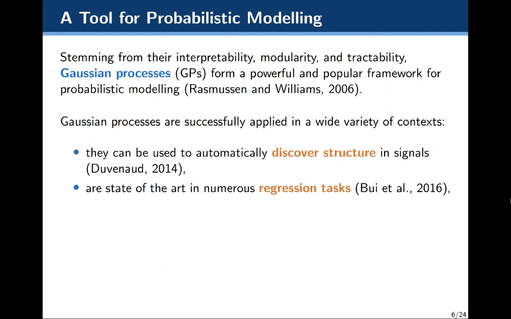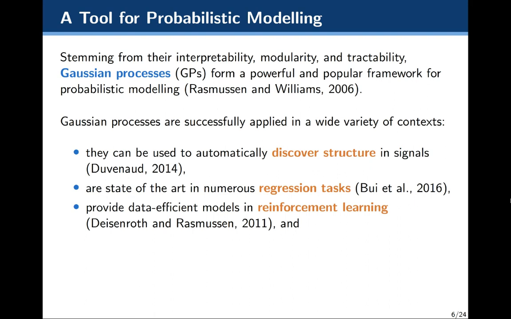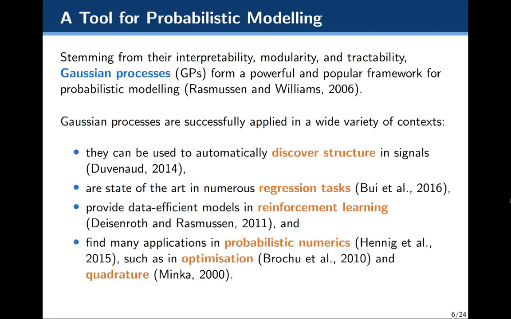They've been used as state-of-the-art regression models. They provide data-efficient models in reinforcement learning, which is a pretty popular field in machine learning right now. And they've been applied to probabilistic numerics, examples such as optimization, and in particular Bayesian optimization and quadrature.